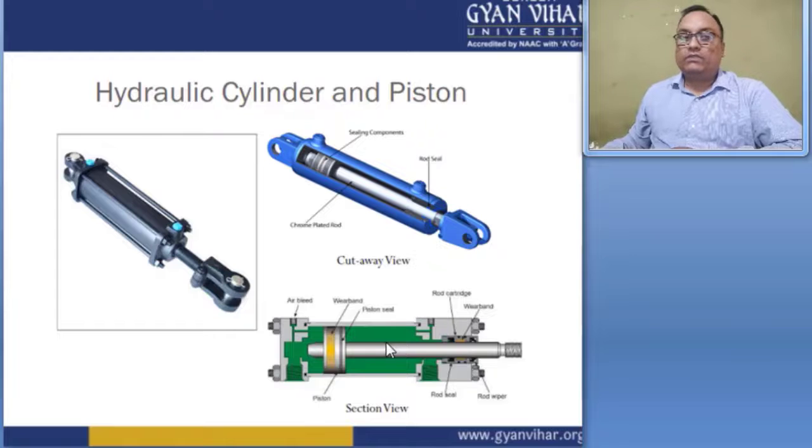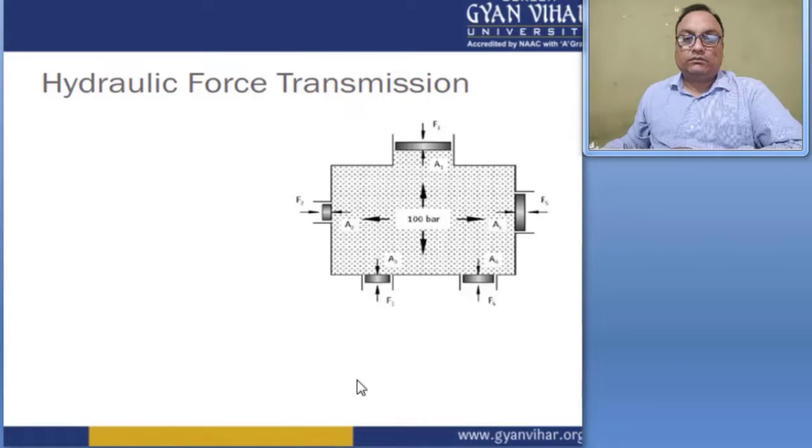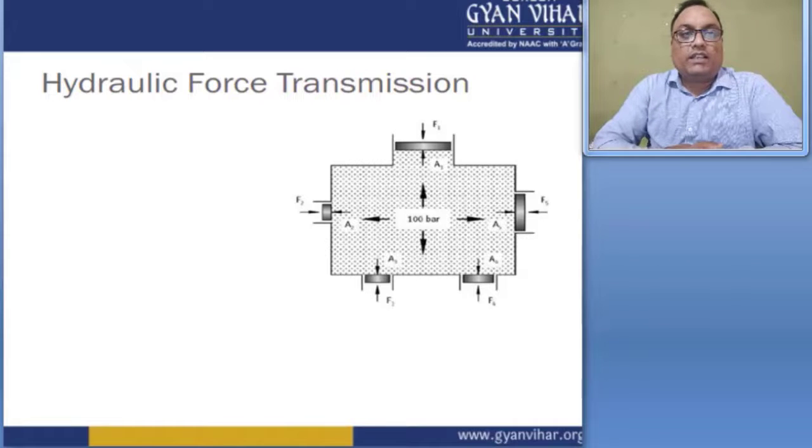If I take an example of force transmission in a hydraulic cylinder, how will it transfer? Suppose in this figure the inside pressure is 100 bar.